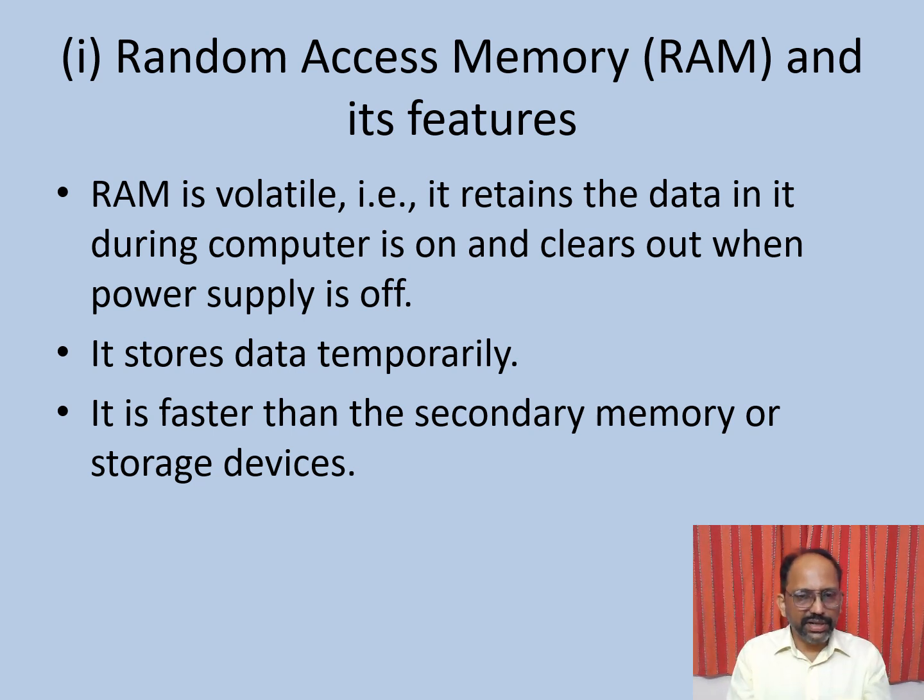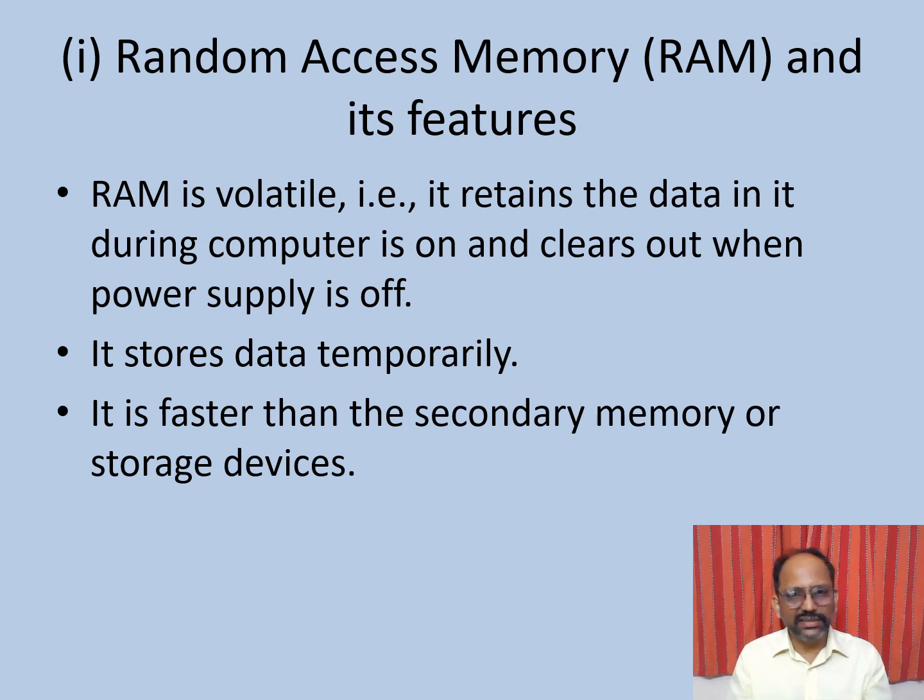Without storing the data in random access memory, we cannot give it to the CPU. Through RAM only, all the data will be sent to the CPU for further processing. But it is volatile. It stores data temporarily.